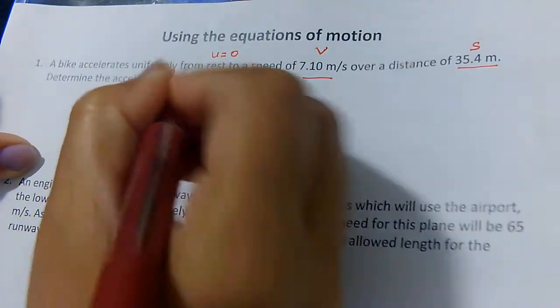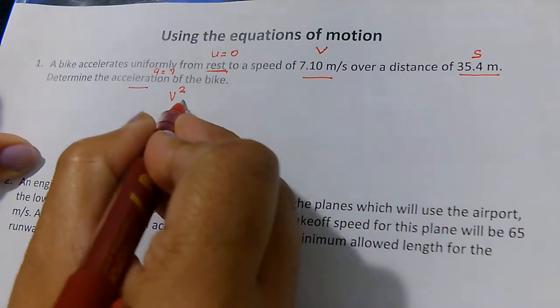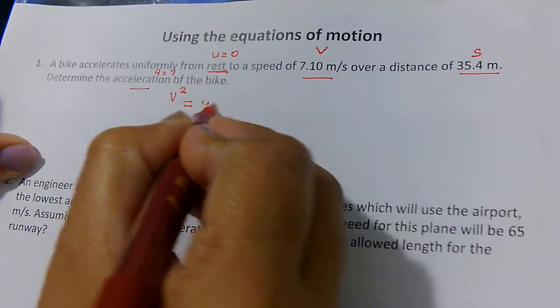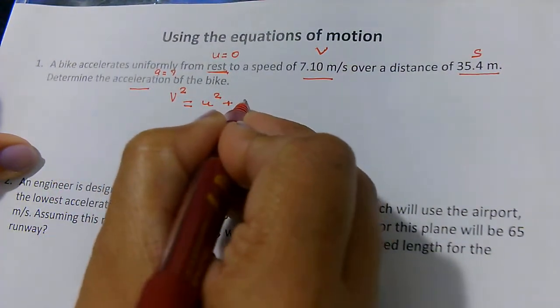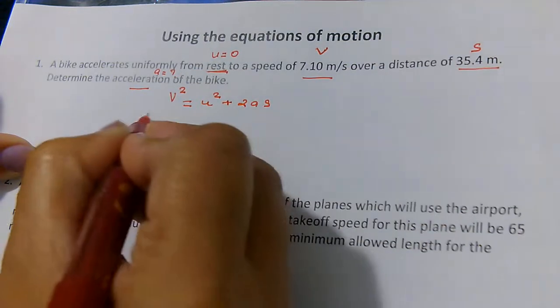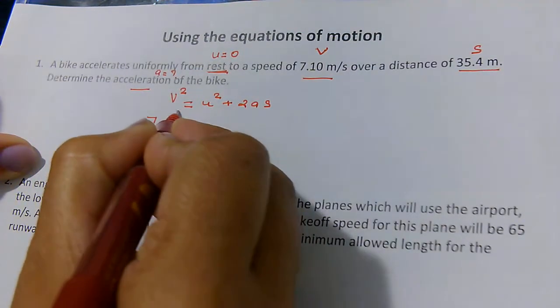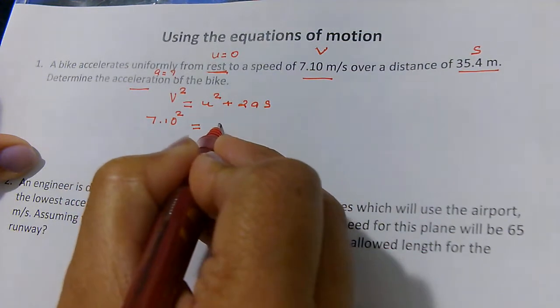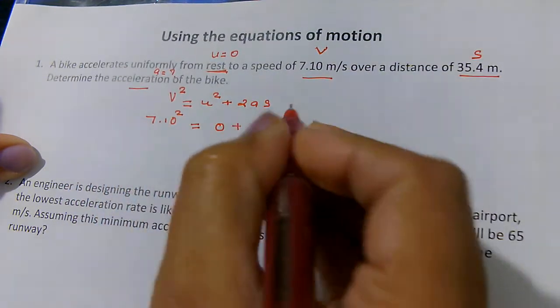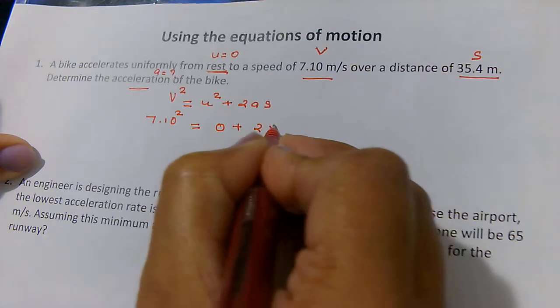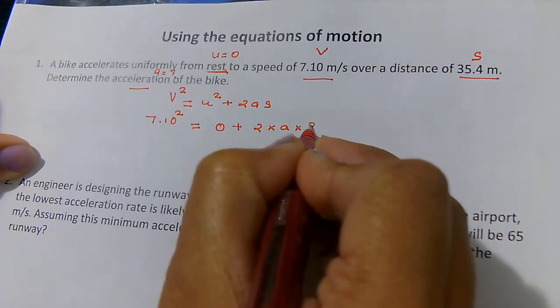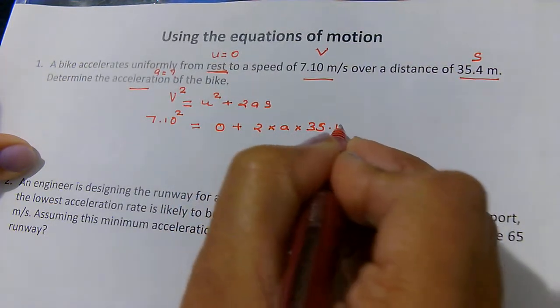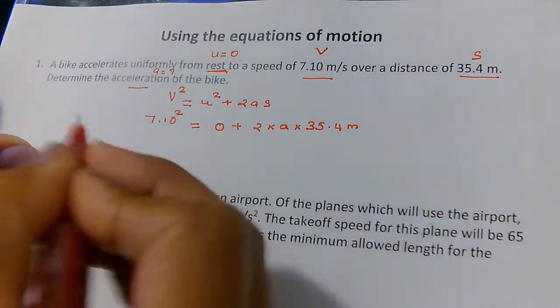So we go for the equation v squared equals u squared plus 2as. So we plug in the values. 7.1 squared is equal to u, which is 0, plus 2 times a, which is what we need to find, times 35.4 meters.